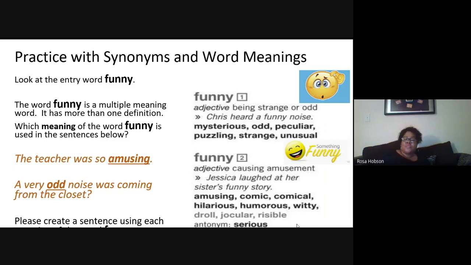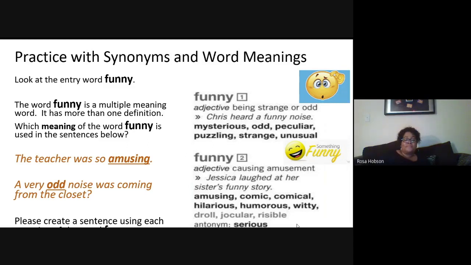So we could switch any one of these words out to make Jessica's sentence come out even more. Instead of using the word funny, Jessica laughed at her sister's amusing story. We have to switch out the word funny and switch out your ing suffix to make it present tense, but you could do that.